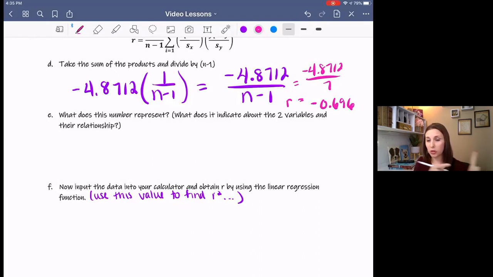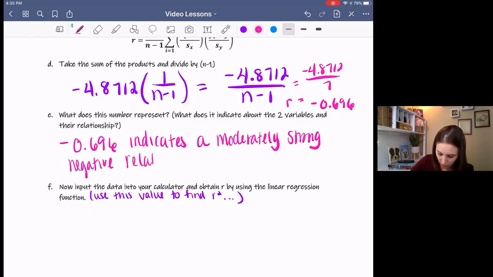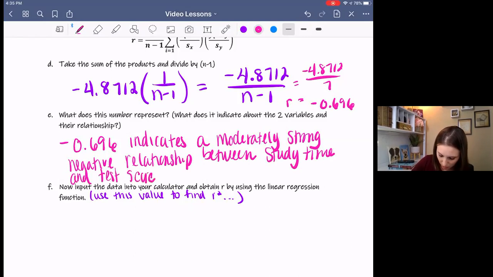So this is closer to -1, which indicates that negative 0.696 indicates a moderately strong negative relationship between study time and test scores in this class, which means that for these students, the more time they study, the lower they'll score on the test, which is crazy to me.